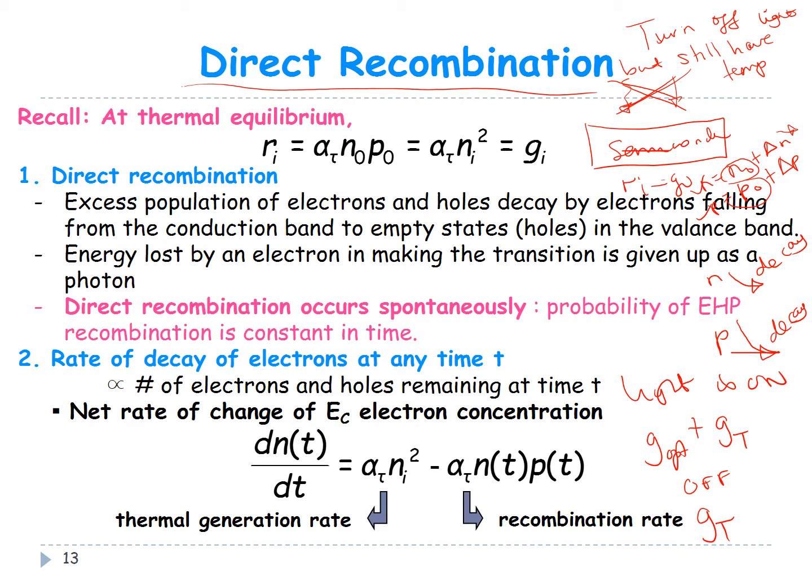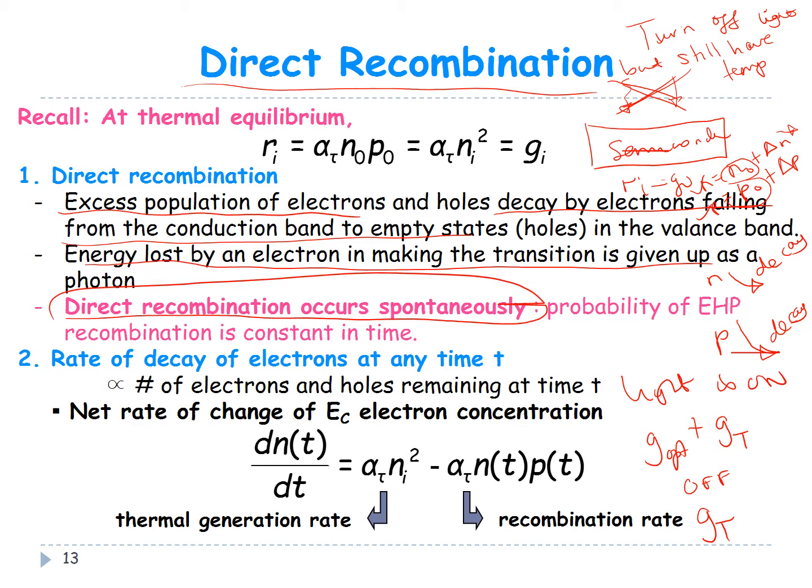Okay, so we are saying that excess population of electrons and holes decay by electrons falling from the conduction band to empty states in the valence band. Now, energy lost by an electron in making the transition is given up as a photon. So direct recombination occurs spontaneously, which means that probability of electron and hole recombination is constant in time.